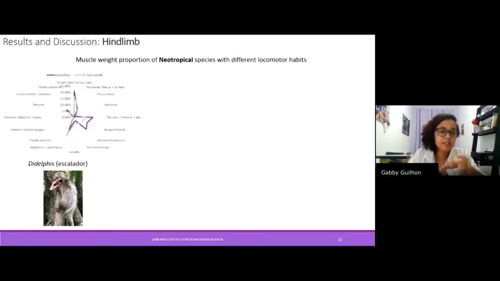So we can see that Lutreolina has much more gluteal and hamstring muscles than Didelphis. And these groups of muscles are very useful to run. And since Didelphis is a more scansorial species, they perhaps need less mass of this muscle than Lutreolina.